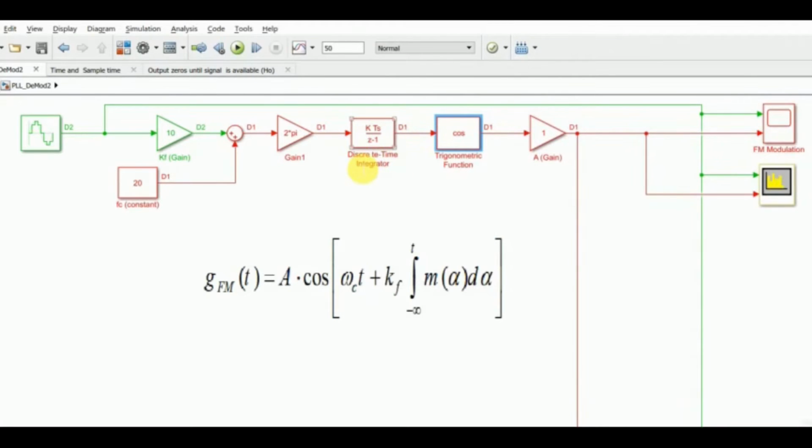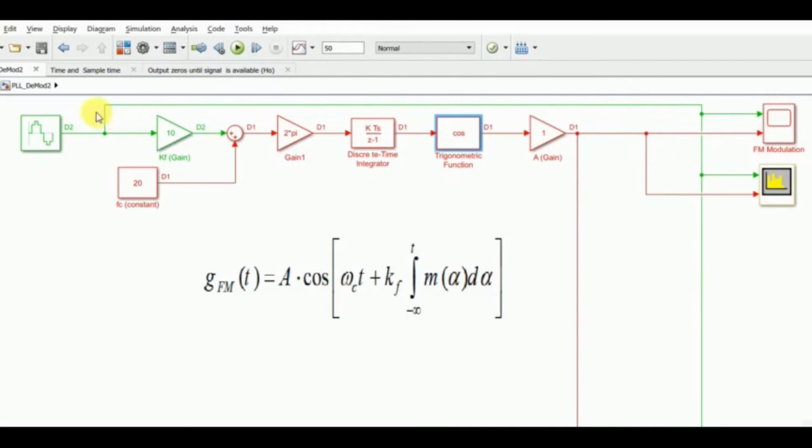Also note that I have used a discrete time integrator, but you can also use, or preferably that you use, a continuous time integrator. For a later work, I have considered just discrete time integrator in this simulation, and eventually we would pass it through a gain which is just unity, so it will not play any role over here, and the output of this is fed to a scope.